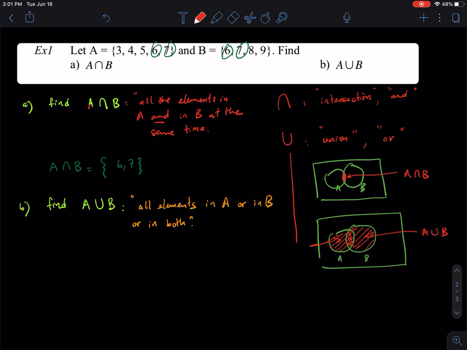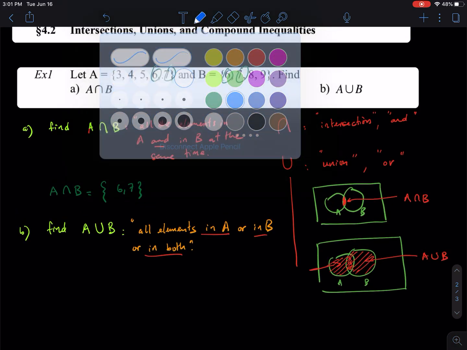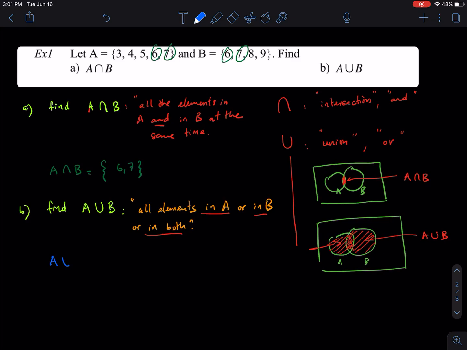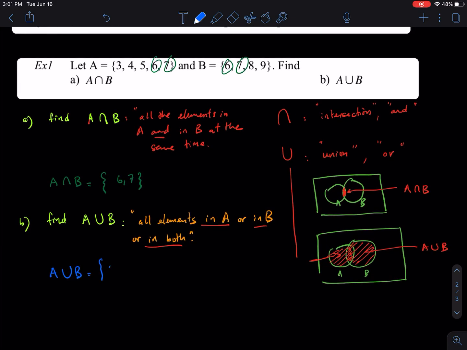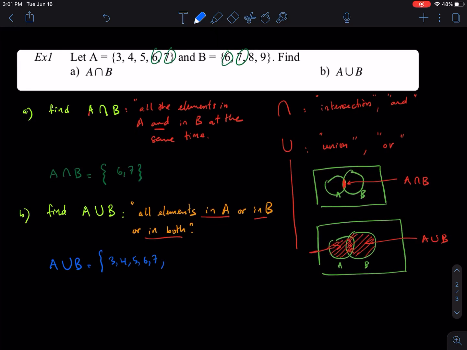So notice this is the thing you look at: you count the elements in A, you count elements in B, or in both, but you don't want to double count. So in this problem here, the set A union B is the set of all elements in A. First we list all the numbers in A, and then we list all the numbers in B, which is 6, 7, 8, 9.